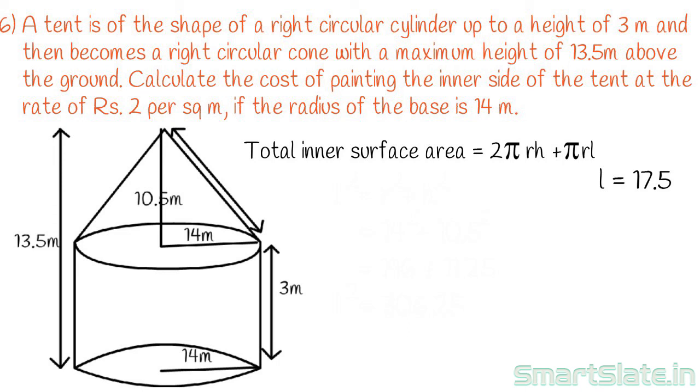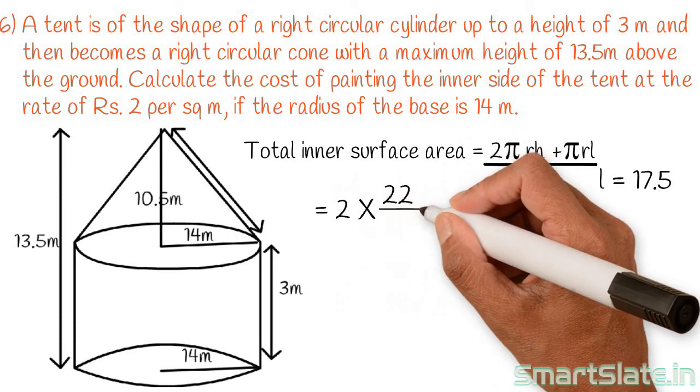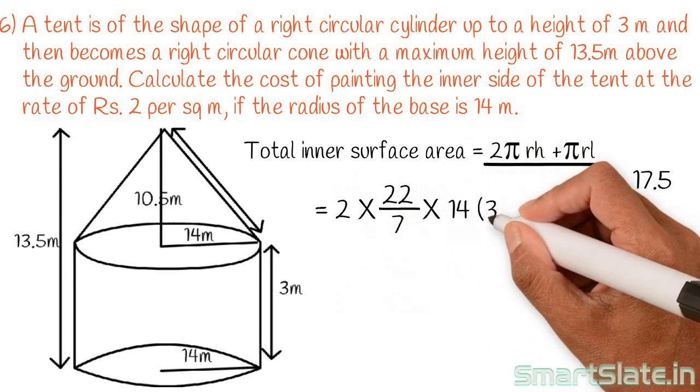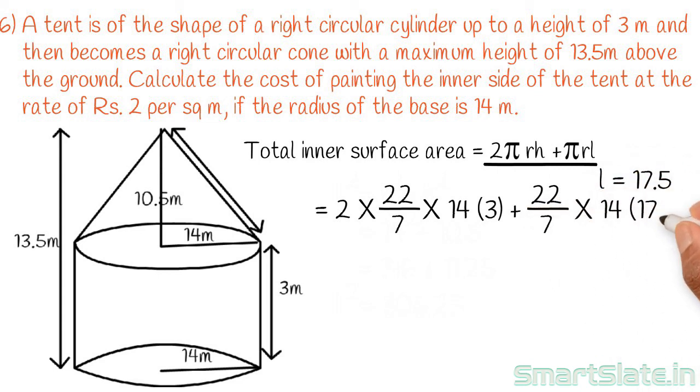Substitute the values of radius, height of cylinder and slant height of cone in this equation. Total inner surface area of the tent is equal to 2 pi r h plus pi r l. It is 2 into 22 by 7 into 14 into 3 plus 22 by 7 into 14 into 17.5.